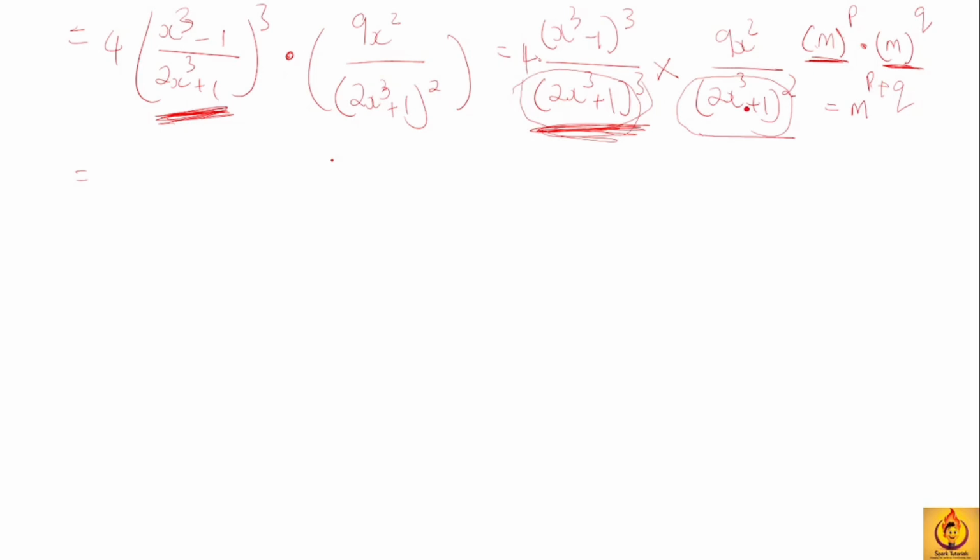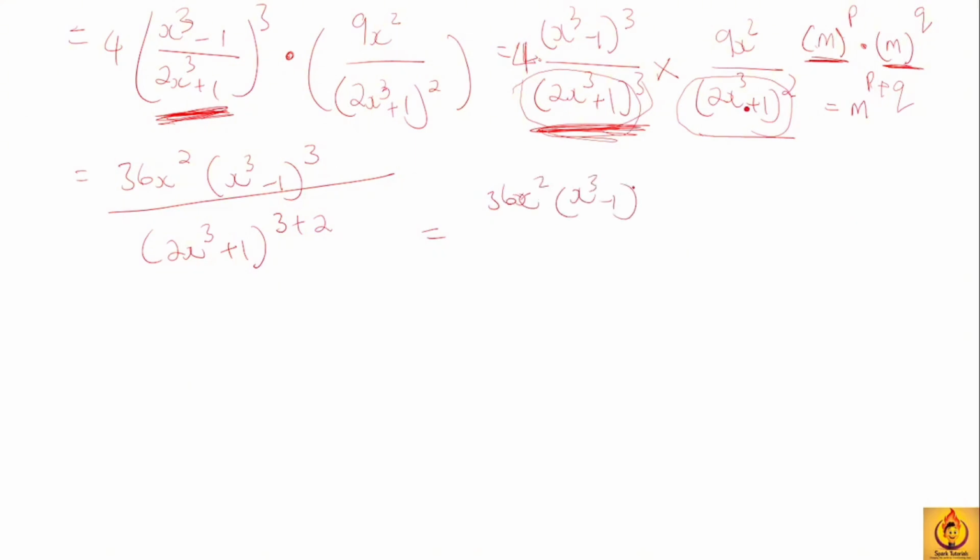So moving on from that, we're now just going to multiply the 4 by the 9, which will basically give us 36x squared multiplied by (x cubed minus 1) to the power 3, all of that to the power (2x cubed plus 1), 3 plus 2, which will then simplify to 36x squared (x cubed minus 1) cubed to the power (2x cubed plus 1), 5.